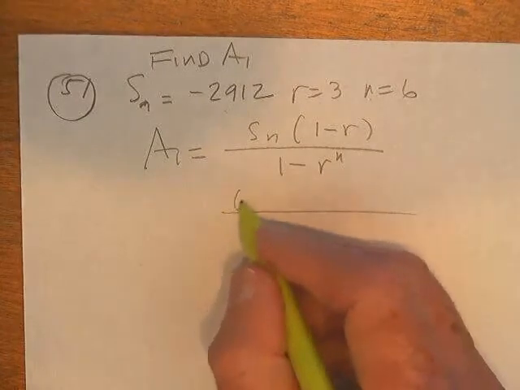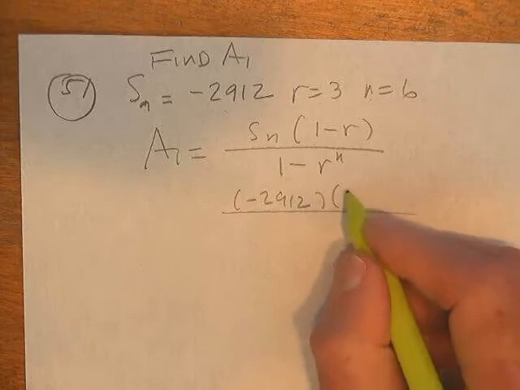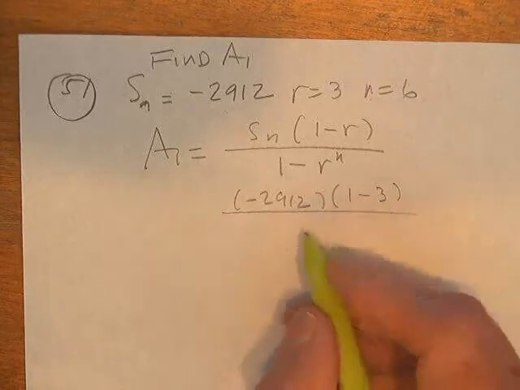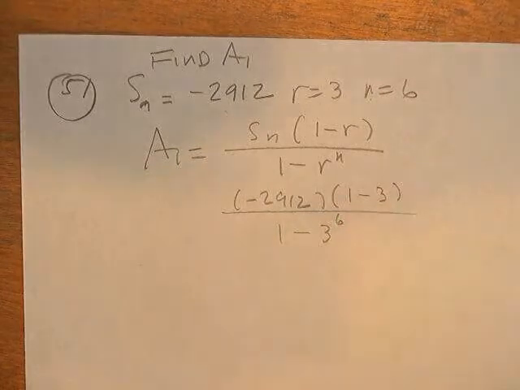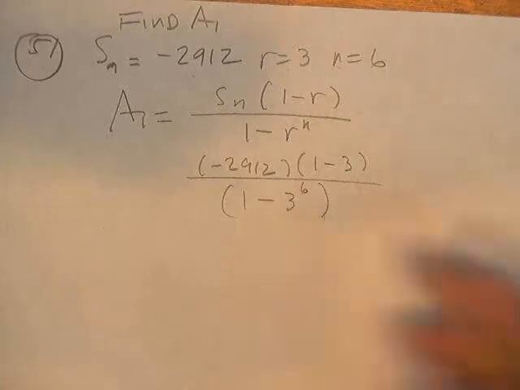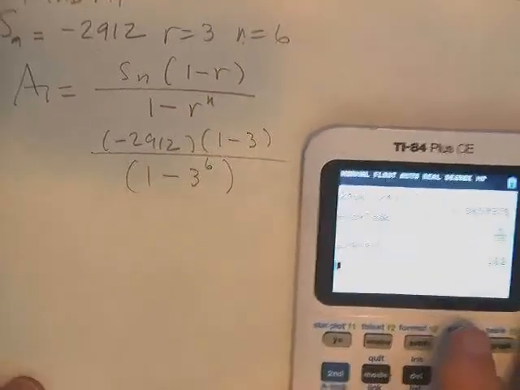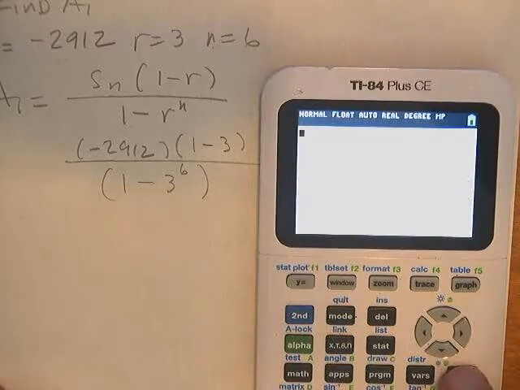Okay, so I do negative 2912 over 1 minus 3 in the bottom, 1 minus 3 to the 6th. And then all I've got to do is manage to calculate that. Well, let's just put everything in parentheses. If you put everything in parentheses, you should be okay on it.